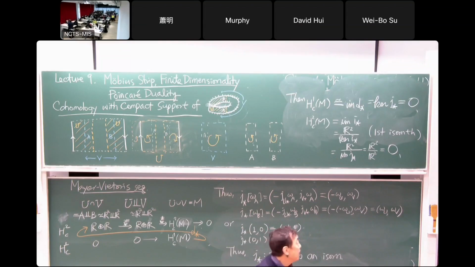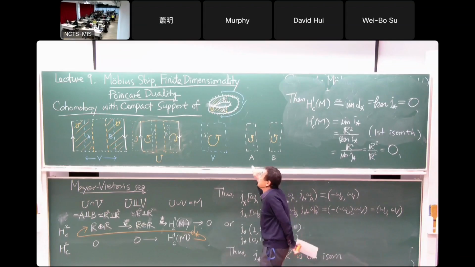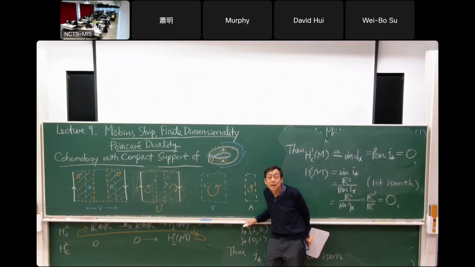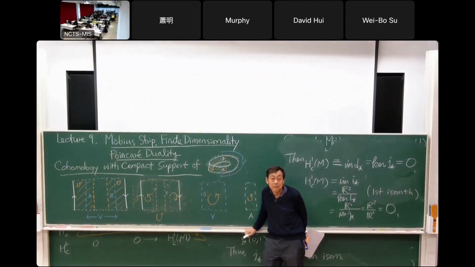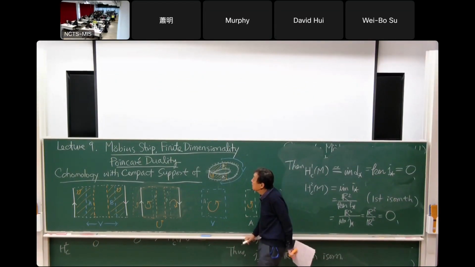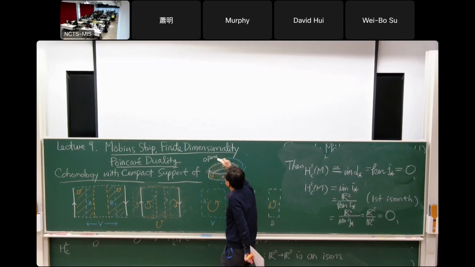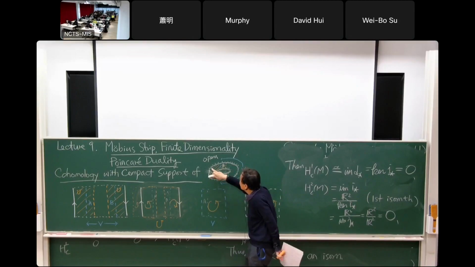Oh, okay. So I'm not looking at the compact Möbius strip. I'm looking at the open Möbius strip. That's why I erased part of the boundary.